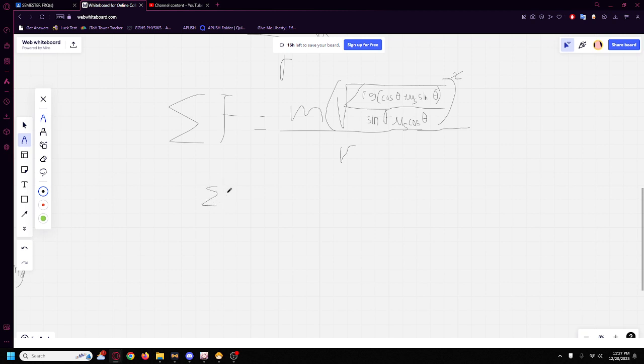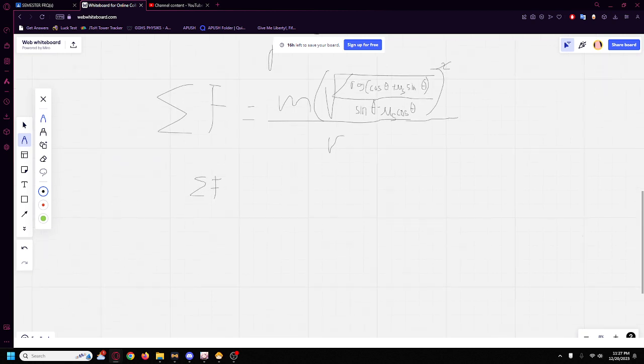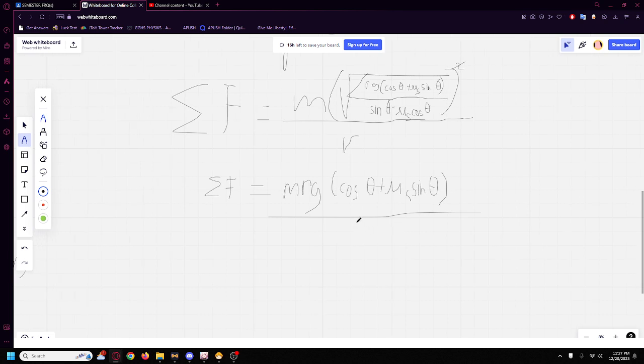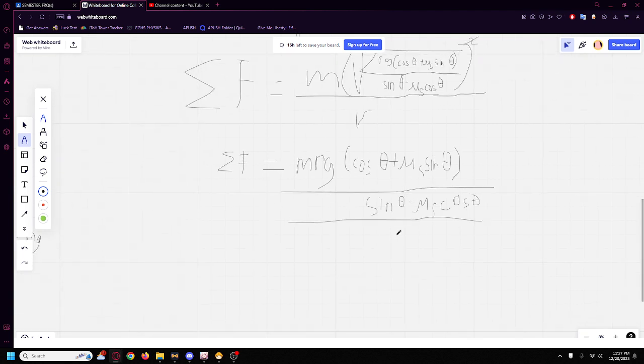And this makes net force equal to m r g cosine theta plus mu s sine theta divided by sine theta minus mu s cosine theta over r.